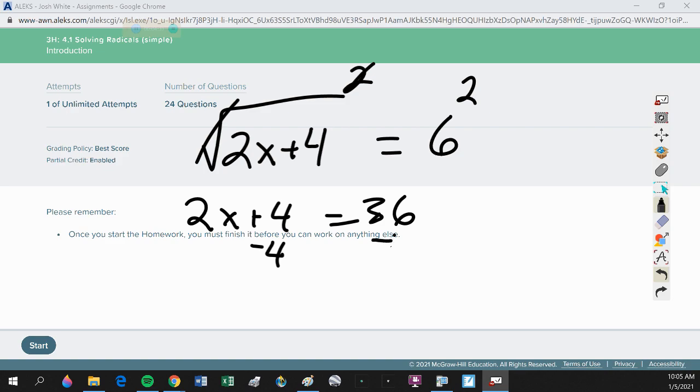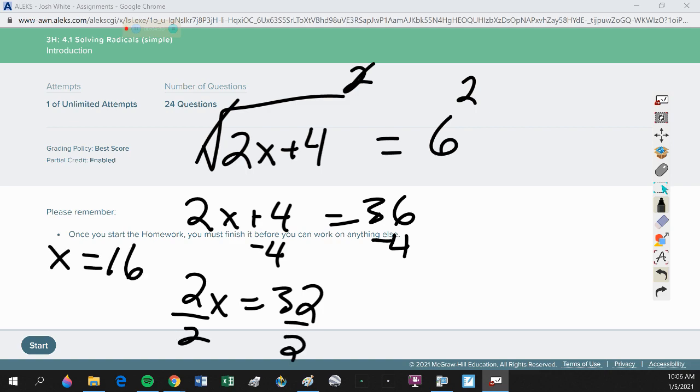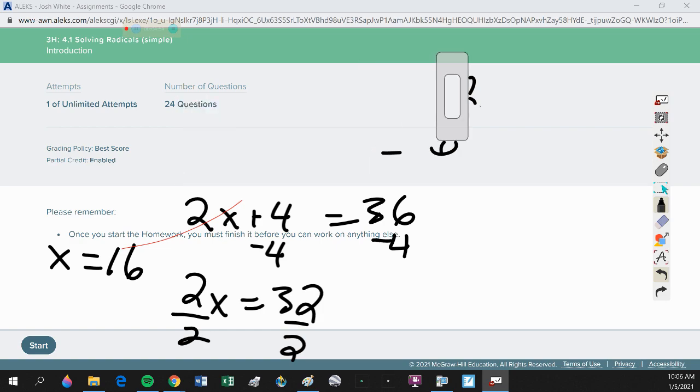Subtract 4. 2x equals 32. Divide by 2. And I get x equals 16. Okay, and let's just plug it in and see if that works. 2 times 16 is 32. 32 plus 4 is 36. Square root of 36 is 6. Okay. However, watch this.